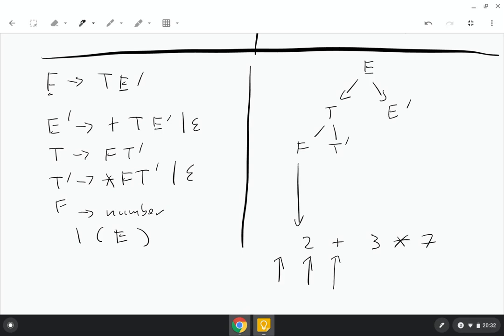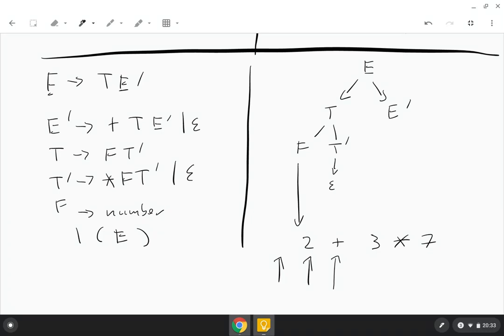It means it must be empty, right? Because the next input is a plus. So T prime can match the empty string. And I hope this works out in the end. So T prime must have matched the empty string, because our look ahead token is a plus, and there's no choice. It's not a star, so we have to pick the epsilon.